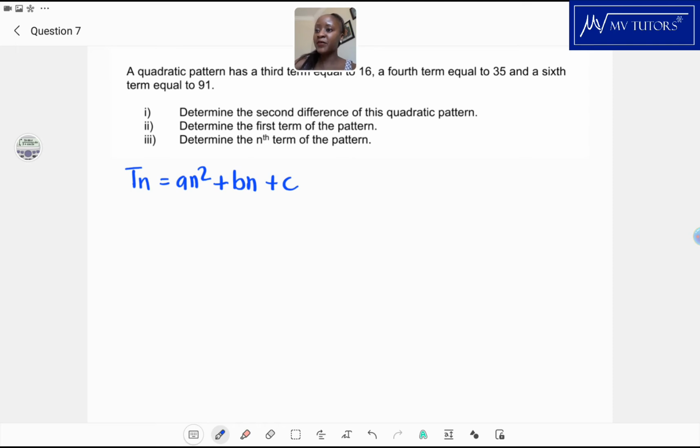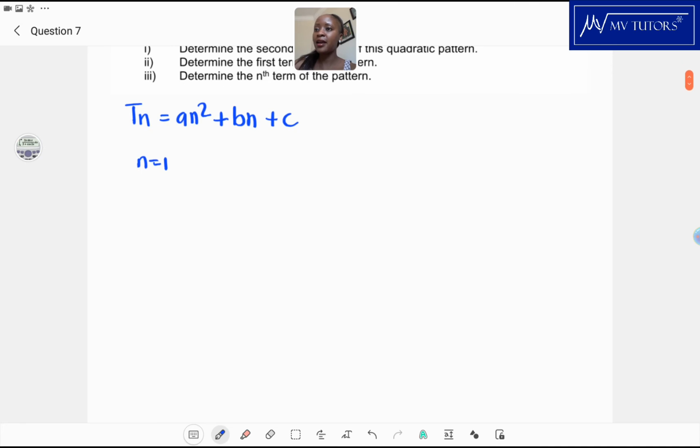If I have n equal to 1, I would have a plus b plus c. If I have n equal to 2, I would have 4a, meaning I substitute 2 in there. So 2 squared is 4. So I have 4a plus 2b plus c.